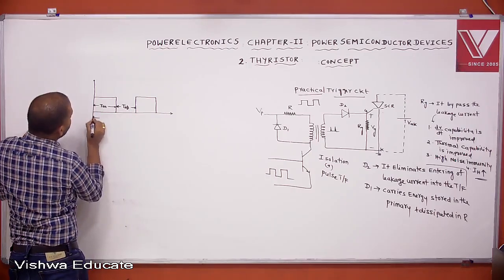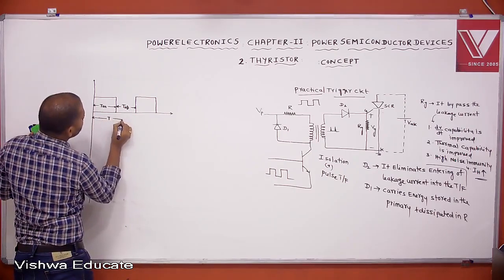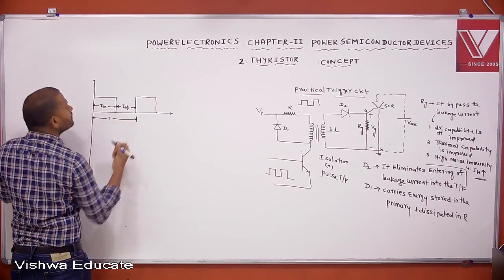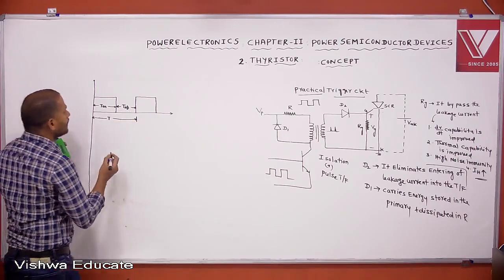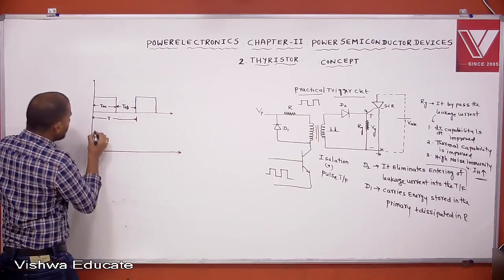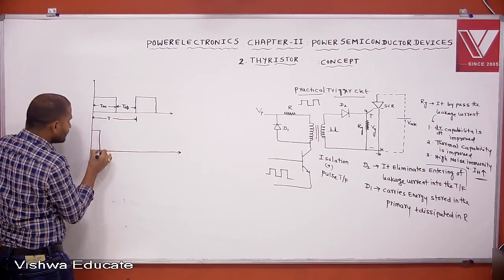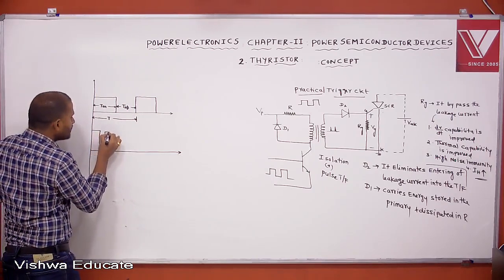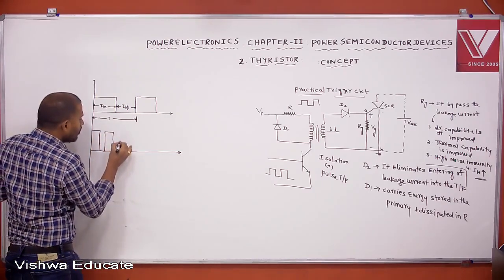Then the total time period is T. On time, off time. Or it may be a high frequency pulse triggering. You can also apply the pulses like this. These are high frequency modulated pulses.